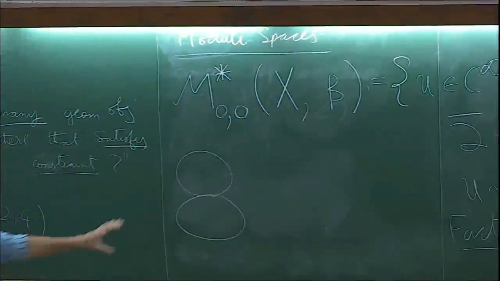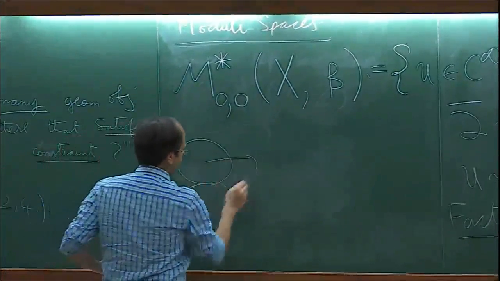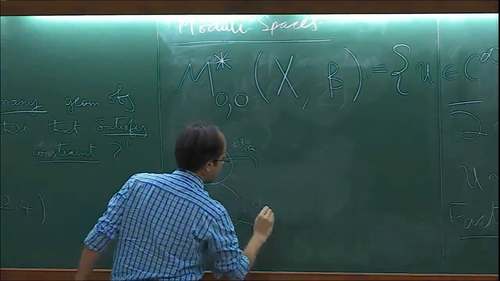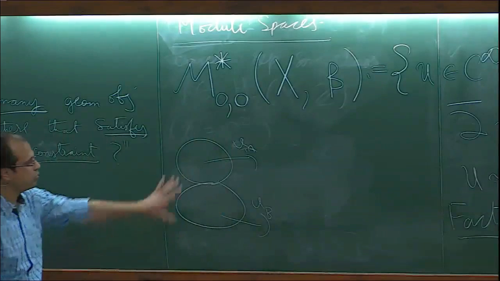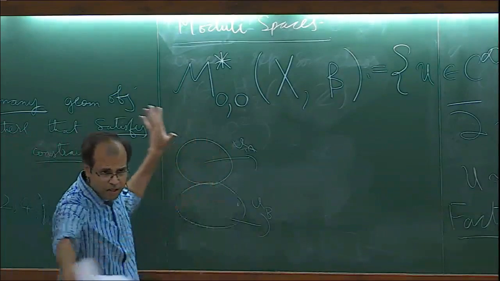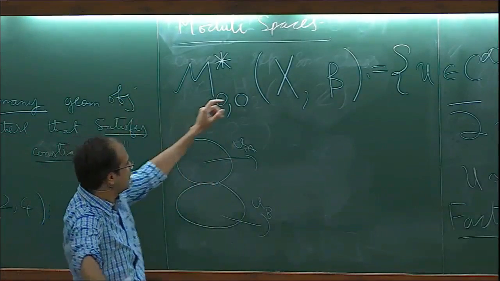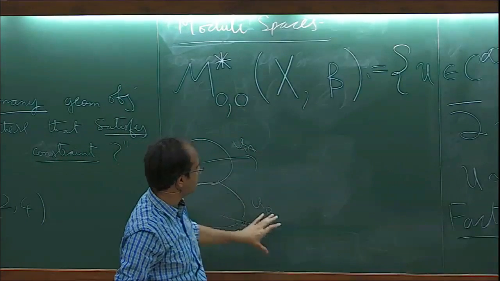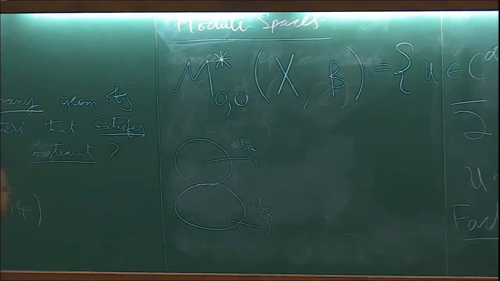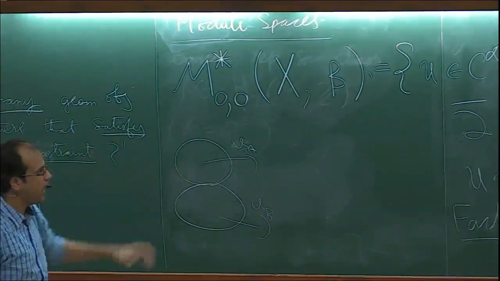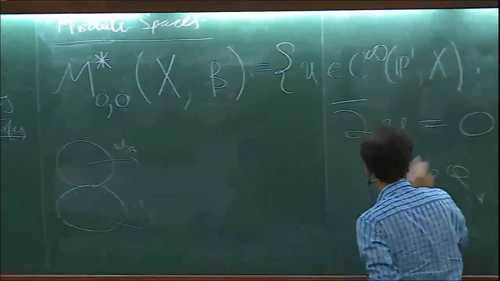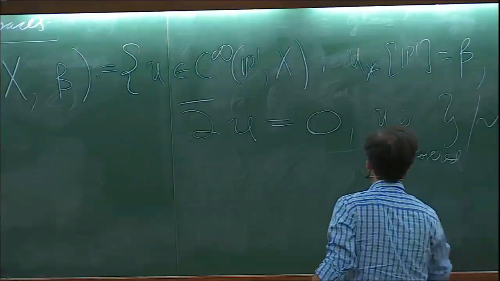Now I'm saying set theoretically throw in objects which are maps from, say, a wedge of a few spheres. It need not break into just 2 things, it could break into 100 things, but the number of ways it will break is finite. Let's say we are looking at degree D curves, where the sum total of the homology classes they represent is beta. So add these objects set theoretically, and the set which you obtain, let us call that M bar.